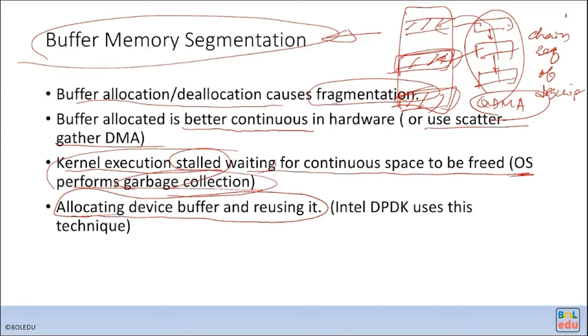So you allocate a big chunk of memory, you acquire a big chunk of memory from the OS, and then you manage your buffers by yourself. That's the technique the Intel DK uses. It knows its application and the characteristics of the application's buffer usage, so it can adapt to the needs of its application and provides its own memory management.